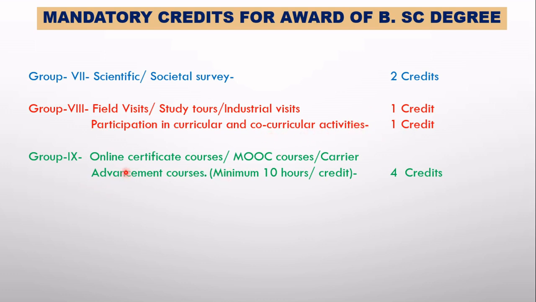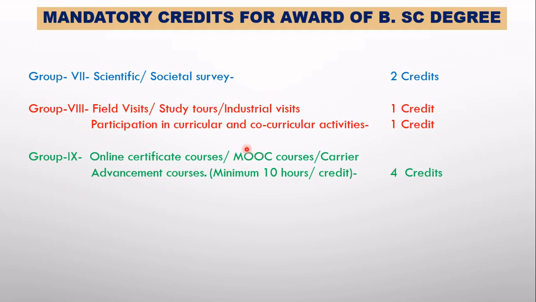Now the last group is about online certification courses, that is MOOC courses, career advancement courses, with minimum 10 hours per credit. So this is a very cheap and very easy way to get credits. Nowadays, due to COVID-19, many online courses are going on.